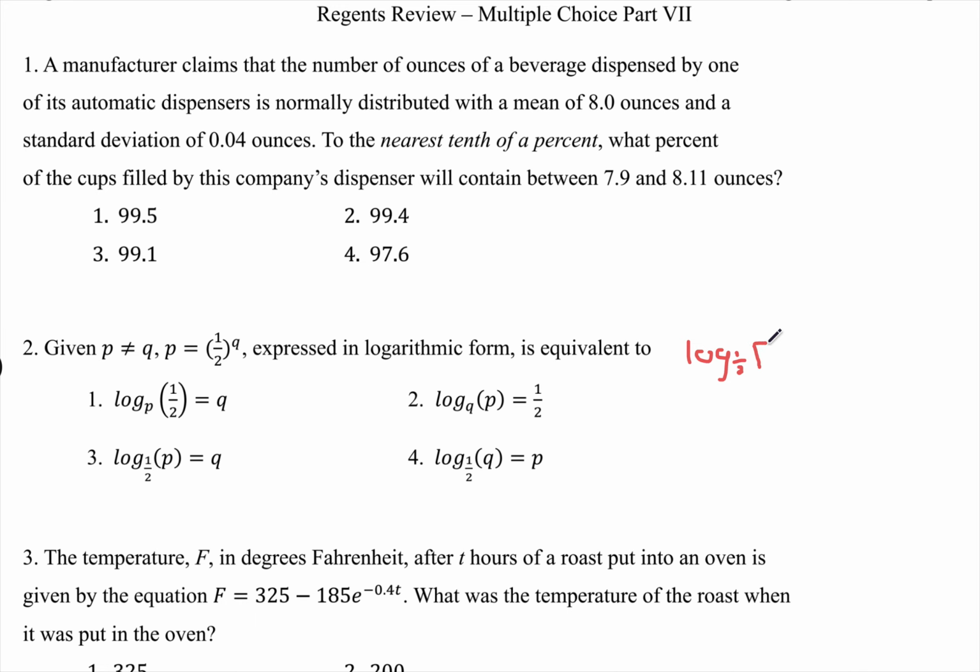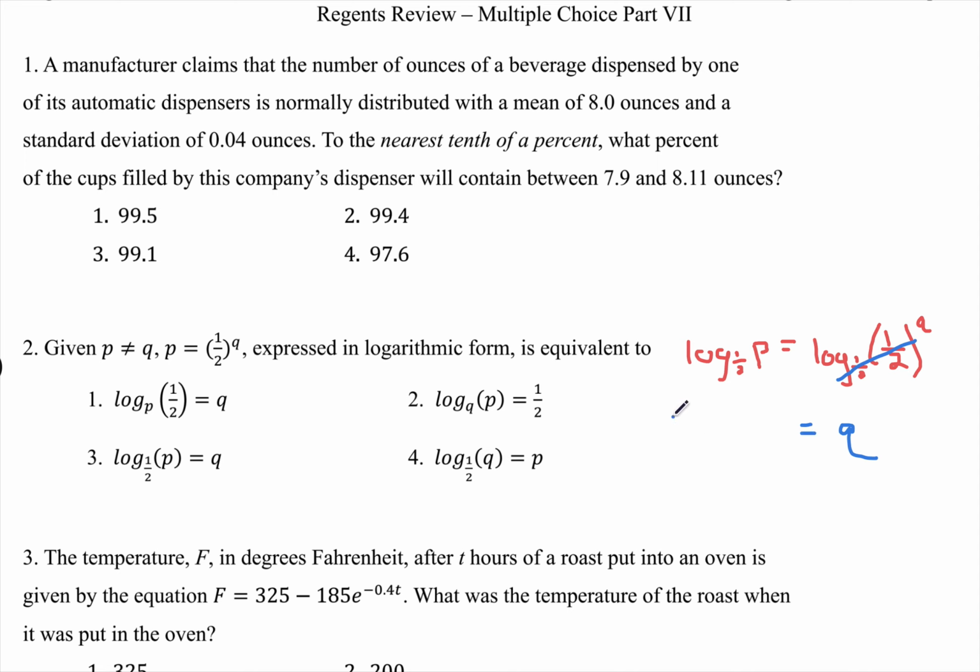So if I do that, imagine I'm doing this at the bottom: log base 1/2 of 1/2 to the power of Q. Well, this right here is basically an inverse, right? Because you're taking the log base 1/2 of 1/2, which becomes 1. The Q pops down.